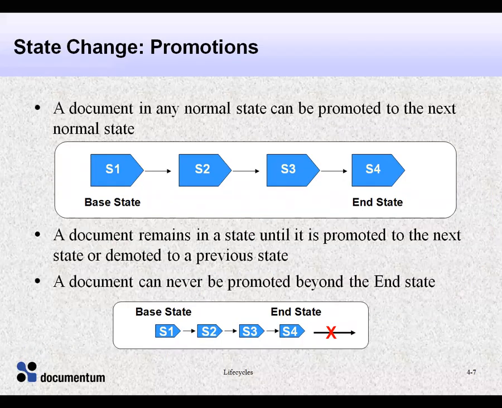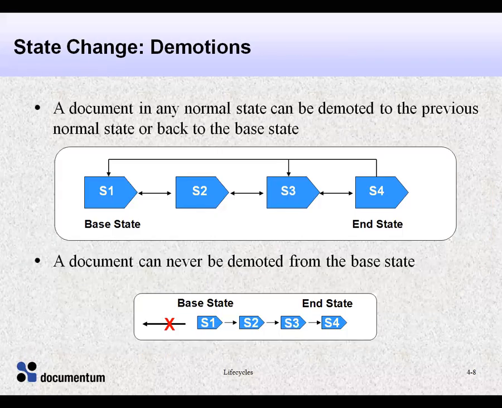For example, an approver has rejected a document. At that time the document state was approval. So is the status of the document changed? Correct, it is changed.